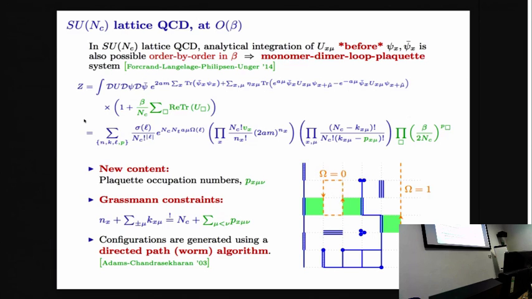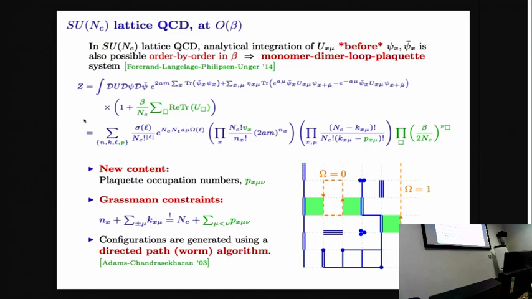But at order beta, this has been studied by Karsch and Wyld, Langelage, Philipsen and others. You just get some plaquette occupation number as an additional degree of freedom, an expansion in powers of beta, and additional constraints for your system.